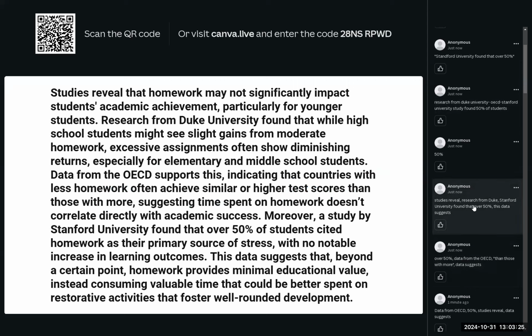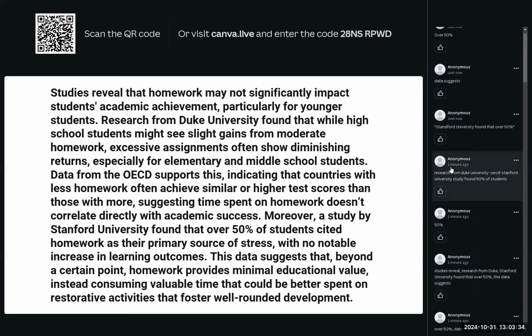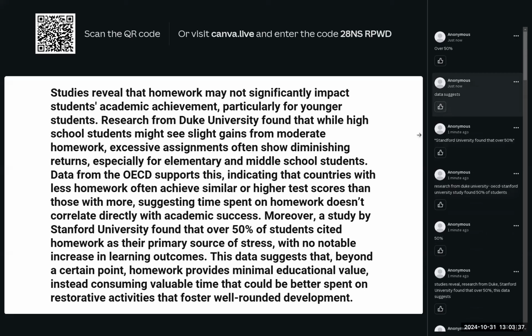Research from Duke, Stanford University, those are a little bit of ethos with those institutions. Very good. Also, the statement where they say that data suggests that beyond a certain point, homework gives minimal educational value. So that's kind of logic. Here's the data, and here's what the results from the data showed.